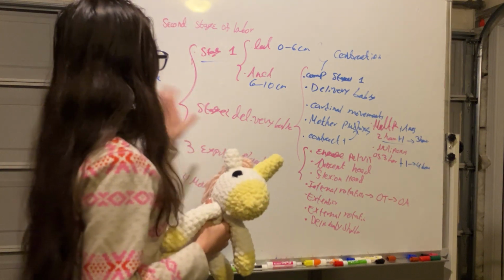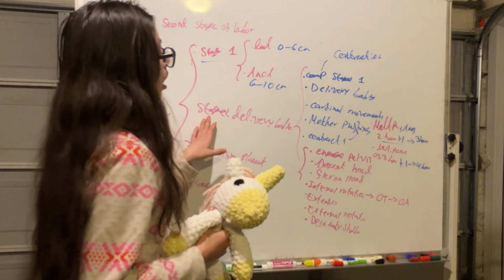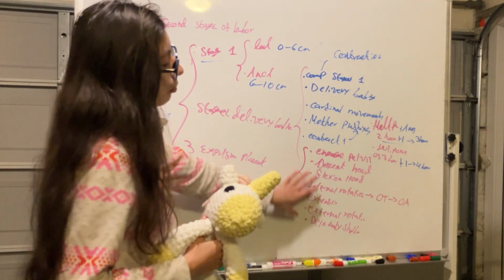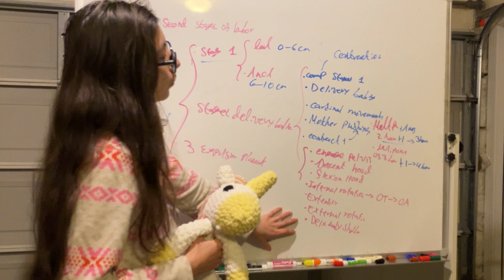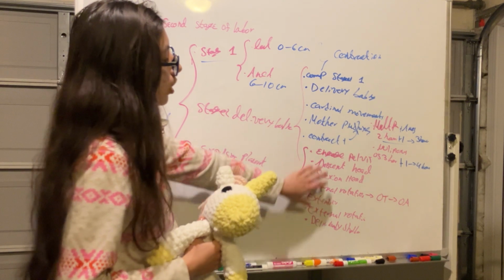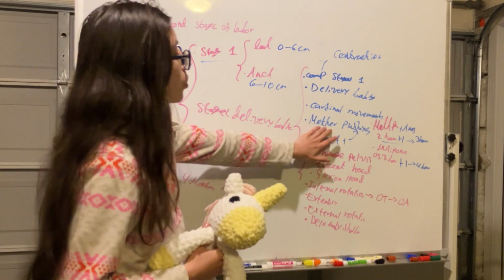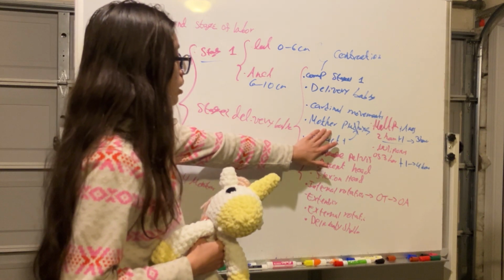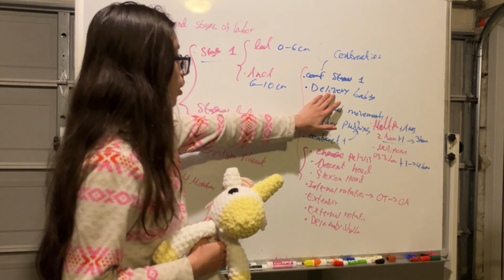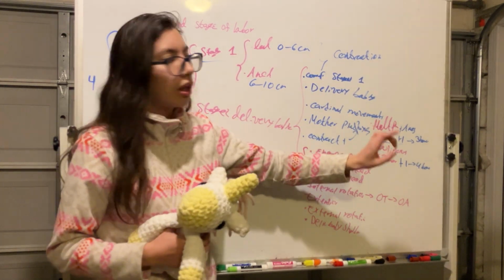So the second stage of labor is the delivery of the baby through the cardinal movements of delivery, and this is done by the action of the contraction forces of the uterus and the pushing of the mother. This starts after the completion of stage 1 of labor and ends with the delivery of the baby, but not the placenta.